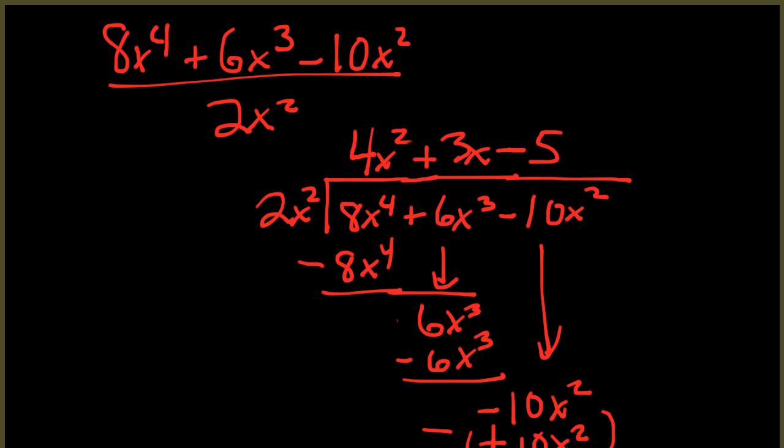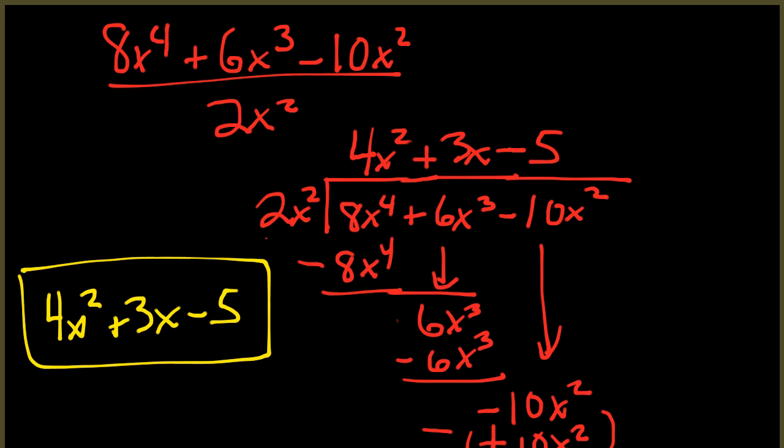Remember, if you are left with a remainder, you're going to take that remainder and put it over your divisor. But as it happens, we're not left with a remainder, so the quotient is 4x squared plus 3x minus 5. That's number 14.